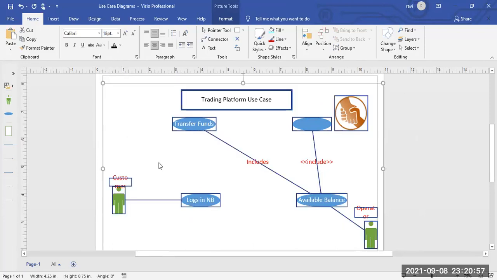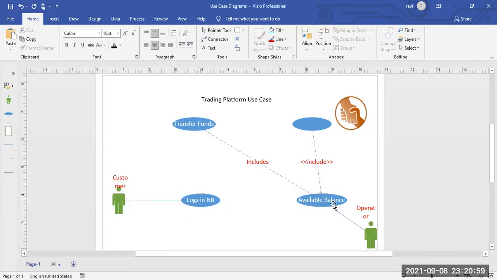Just increasing the font. Okay, so whenever you're checking available balance, right? Maybe something like send a text message, send an SMS, when balance is low.